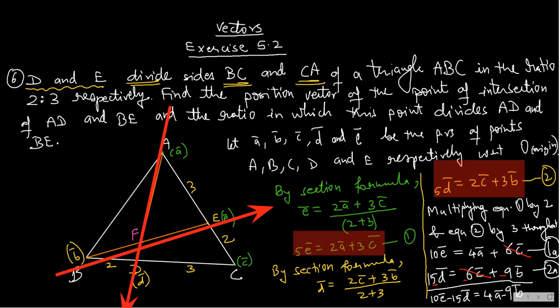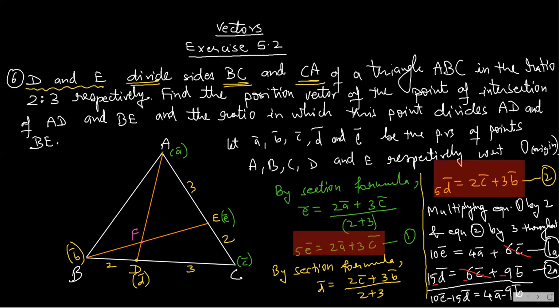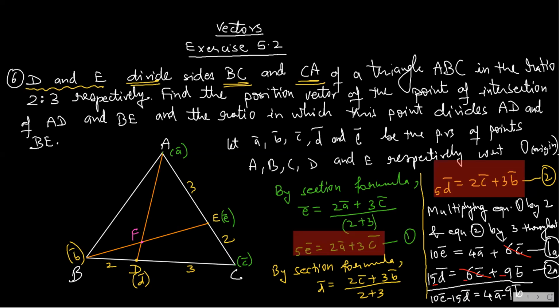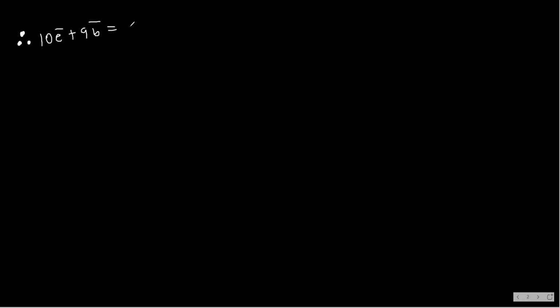So here I write, therefore, 10 E bar plus 9 B bar equals 4A bar plus 15 D bar. Okay. Now, this is what I have.